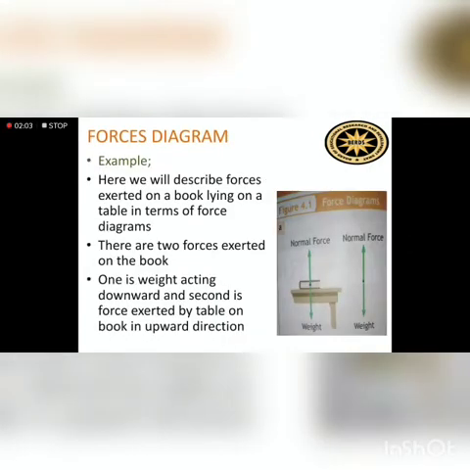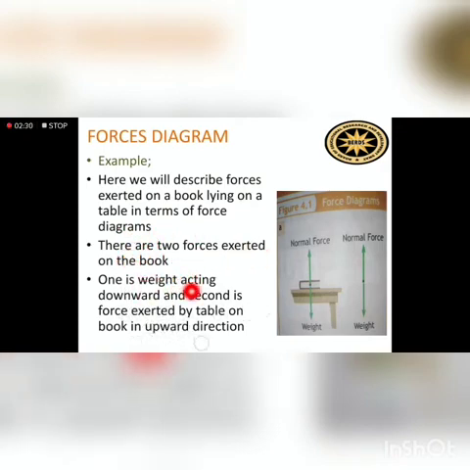So our first example, which is in your book, is a book lying on a table, where two forces are exerted. One is the weight of the book and the other is the normal or perpendicular force which is exerted by the table on this book. So here we will describe forces exerted on a book lying on a table in terms of force diagrams. There are two forces exerted on the book.